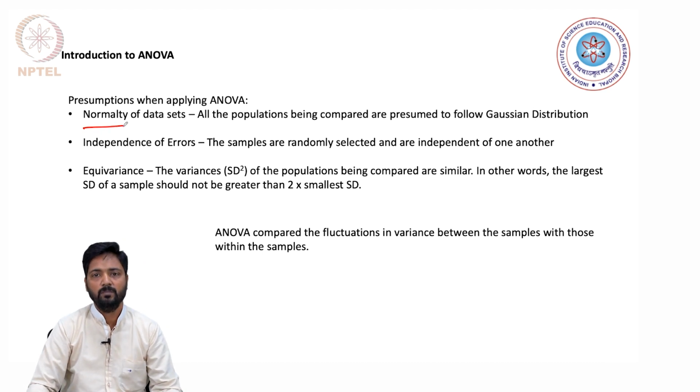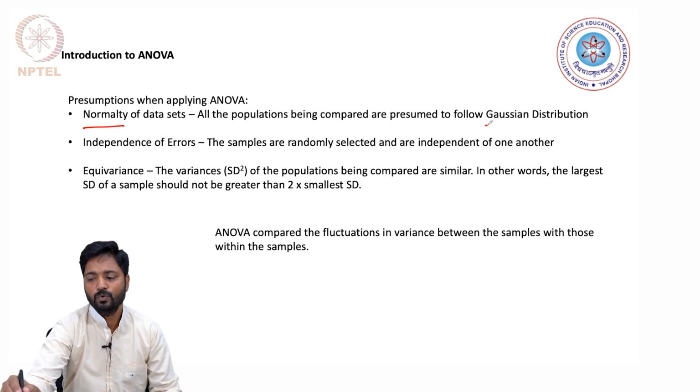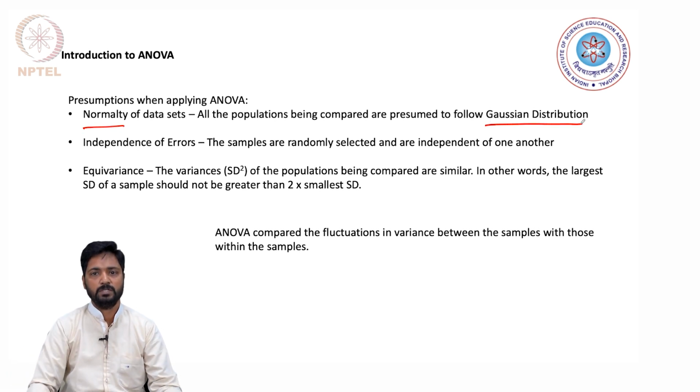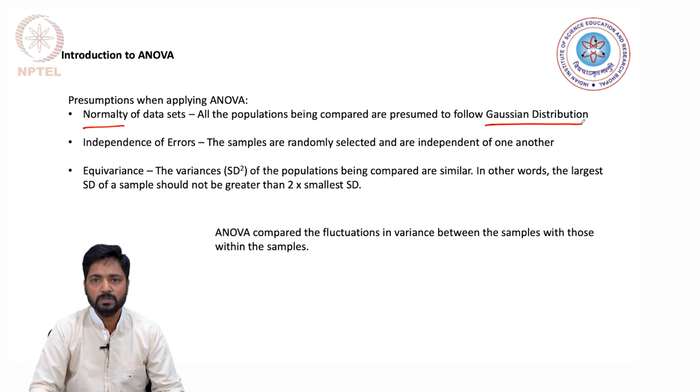What we imply here is that all the populations that are being compared are presumed to follow a Gaussian distribution. We were introduced to this concept of Gaussian distribution of large data sets early in this course.